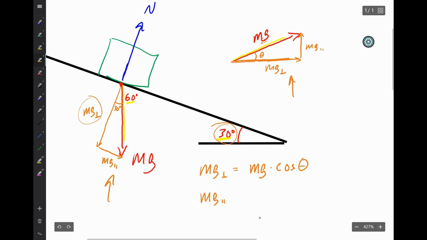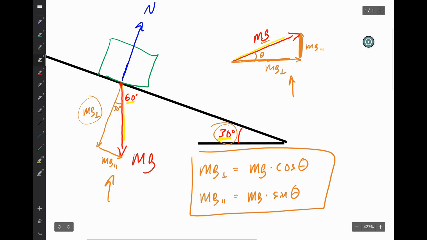And mg parallel is the side that's opposite the angle. So if we think about opposite and the hypotenuse, that's going to be the sine. So mg parallel is going to be mg sine theta. These are dependable. Put a star next to those. Get very comfortable with those, because anytime there's a ramp, those are going to show up.